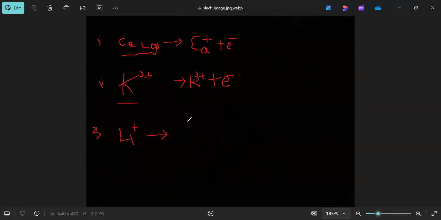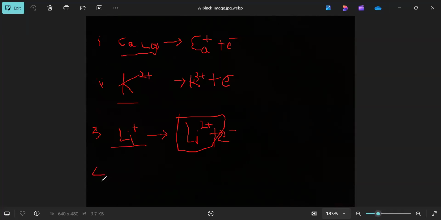So here we have the plus charge. Here we have lithium plus e minus, meaning another electron is taken from this. So this one plus this equals this.